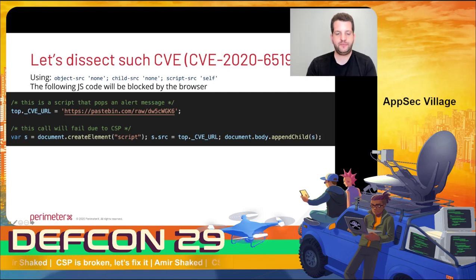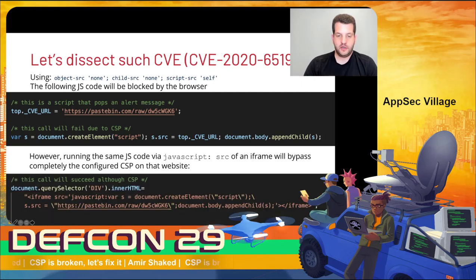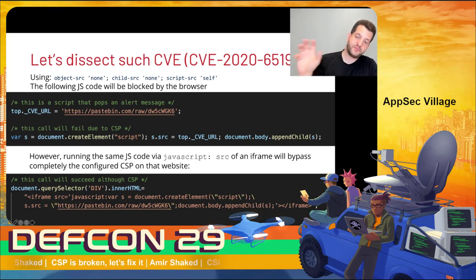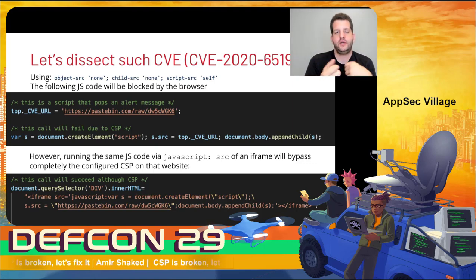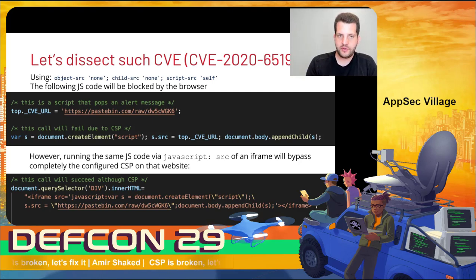But if we do a little trick, creating the element as an iframe with the JavaScript source in it, that will work. Now, this was patched already and it was resolved, but it's an example of how attackers can really try to find the slightest gaps in the implementation to bypass the way the model actually works within browsers. So here is an example of such a case, obviously already mitigated by Chrome.